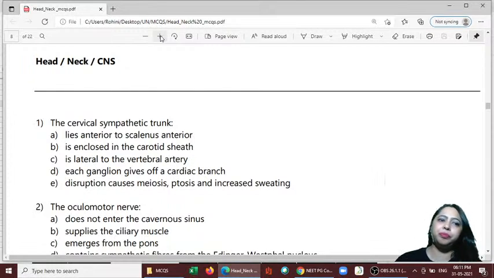Okay. The first question says, cervical sympathetic trunk. Now, since we are a little 5 minutes late, we'll start with the questions directly, and later I'll come down to the other explanations about who I am, introduction, and all that we can do a little later.